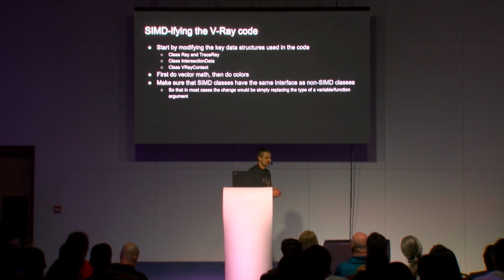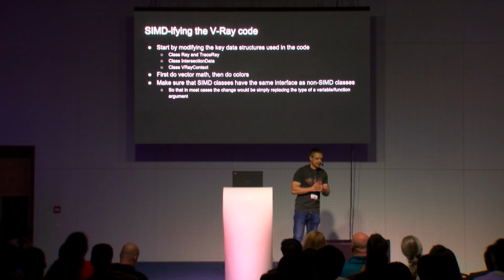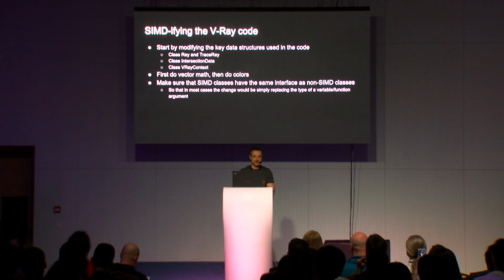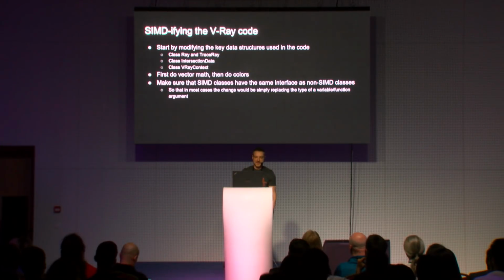So there are a few key structures that are useful for VRay, like rays and intersection data and the VRay context that's used in shading. My idea was to basically just change those specific structures first and propagate all the changes through the rest of the code. Of course, and here Martin Kristof also helped me, we made sure that the SIMD versions of all the vectors and colors and matrices had the exact same interface as the non-SIMD versions.